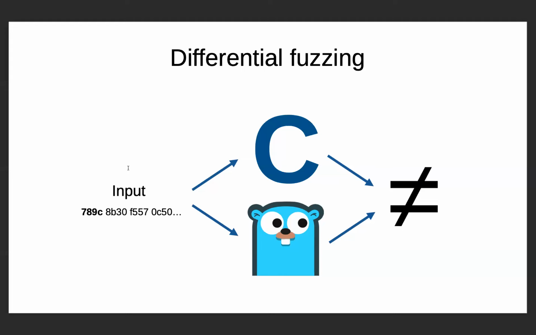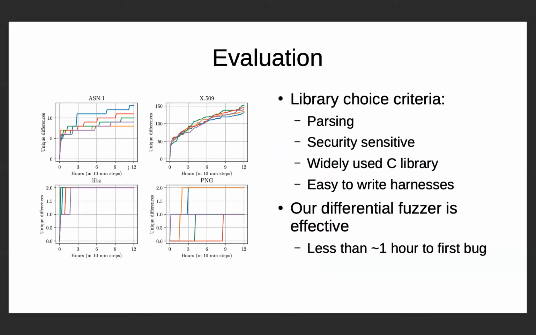And the important part is that we have some oracle that will compare the results of the parsing, right? And the interesting cases are the cases where we see some difference in the behavior between the two libraries.